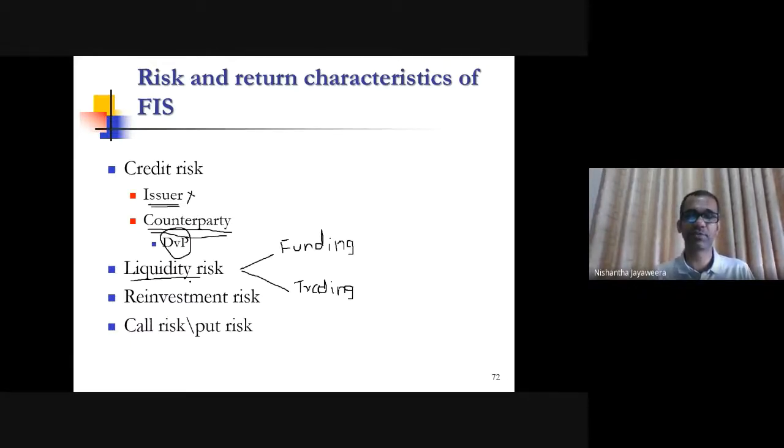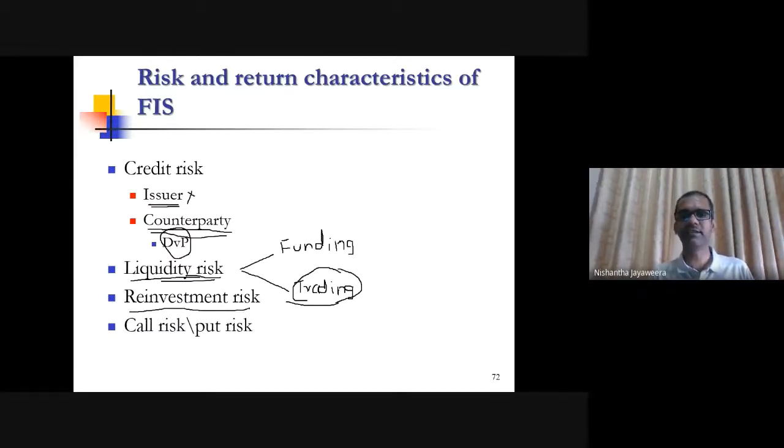You may not be able to meet your obligation. But if that security is very liquid, that means you can sell it in the secondary market very quickly and generate whatever cash you need. If that security is not that liquid in the market, then you face the liquidity risk.